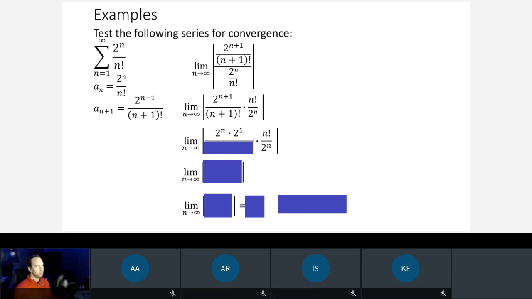Okay. Next part of this in terms of factoring, we have an n factorial on the numerator, and we have n plus 1 factorial in the denominator on this factor. I want to break this apart somehow so at least one of the factors looks like this. How can I rewrite this?